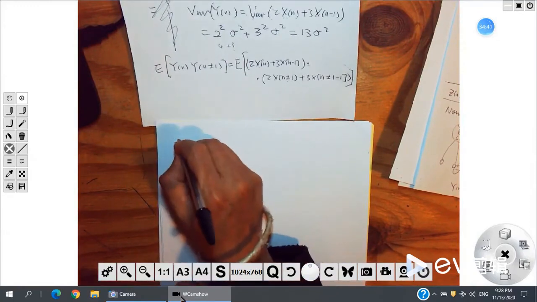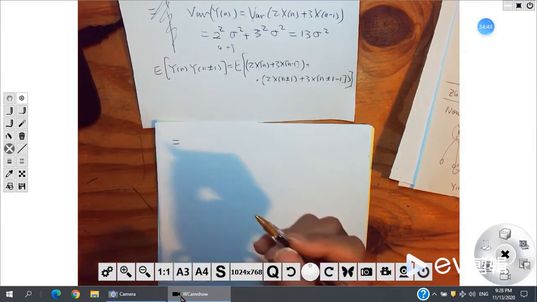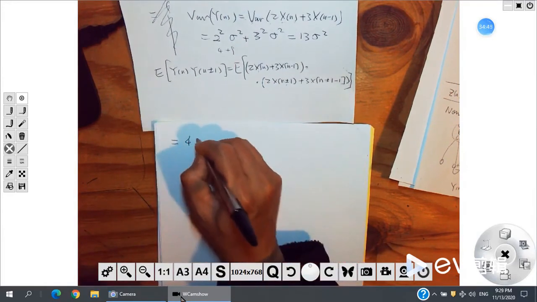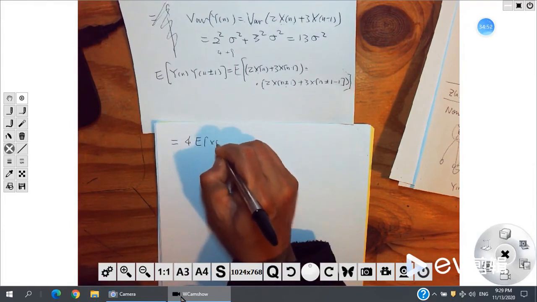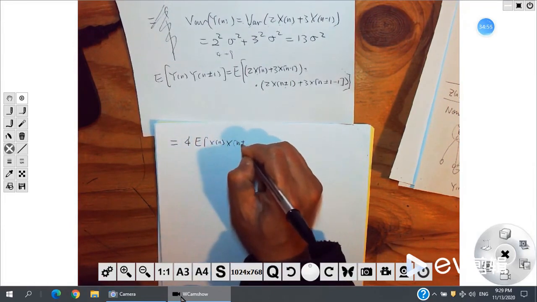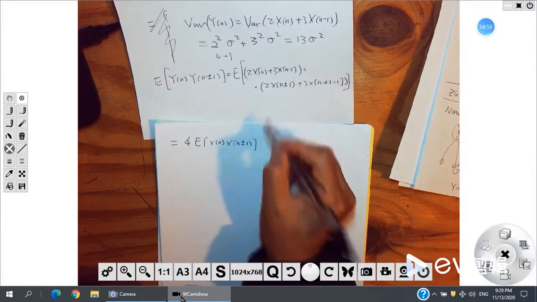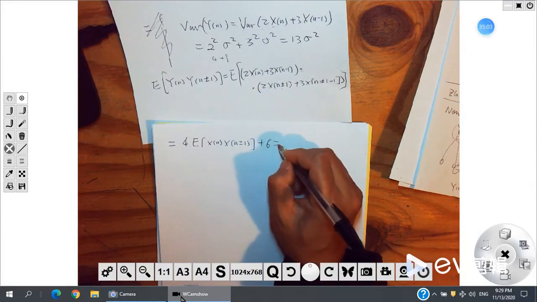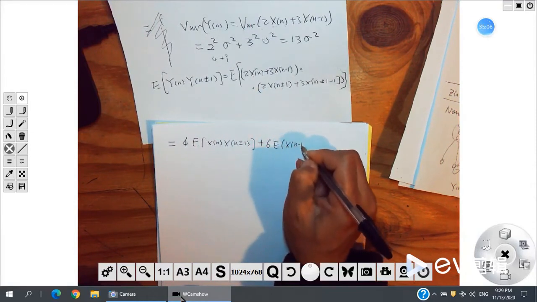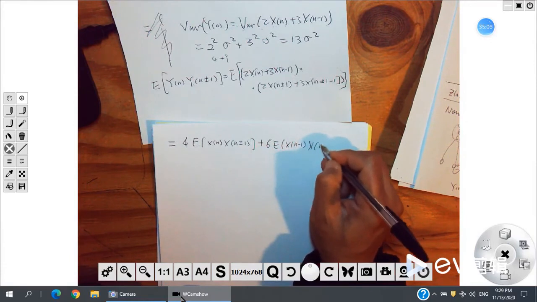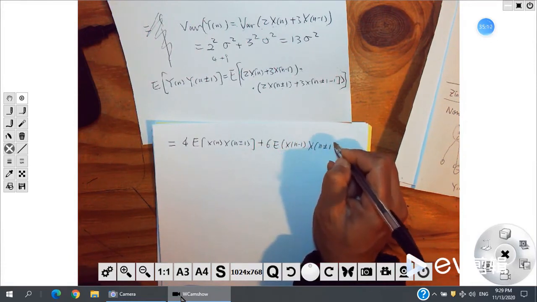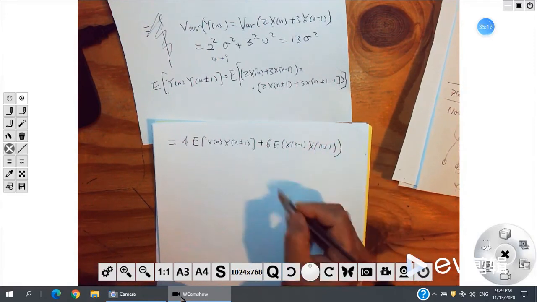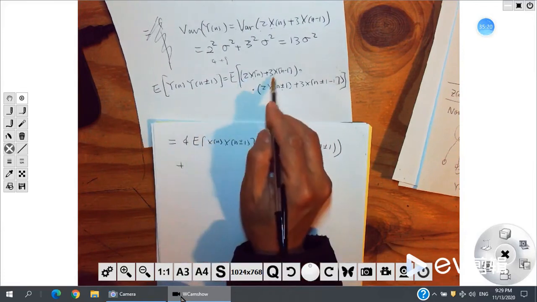This will equal this one times this one. I get 4 e of x of n times x of n plus or minus 1. Then this one times this one, plus this one times this one, is 6 e of x of n minus 1 and x of n plus or minus 1. And the third term, this times this, the first two.